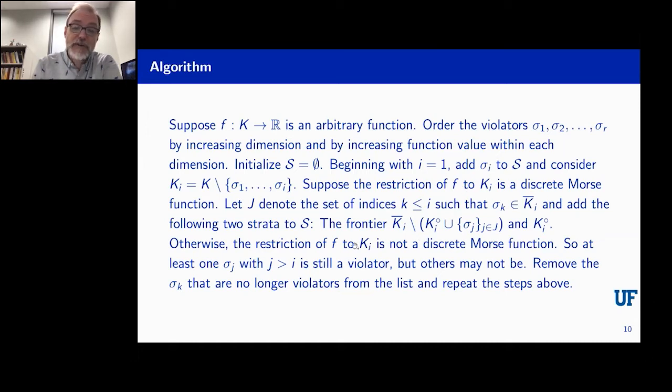If it's not a discrete Morse function when you restrict it to this complex Ki, well, then one of the sigma j's that's past your sigma I is still a violator. Others might not be. Sometimes when you remove a violator, other violators are no longer violators. Kind of interesting. So you remove the ones that aren't violators anymore, and then you just keep iterating this. And it's a finite process, so it has to stop.